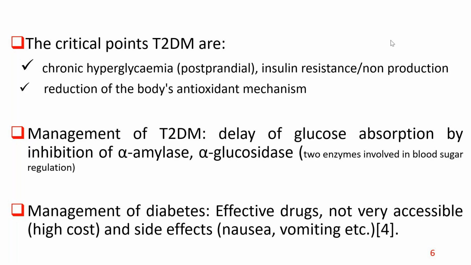We can note today that the drugs involved in the current treatment of diabetes are not accessible to most African patients due to their low income and to the fact that these drugs have a lot of side effects.